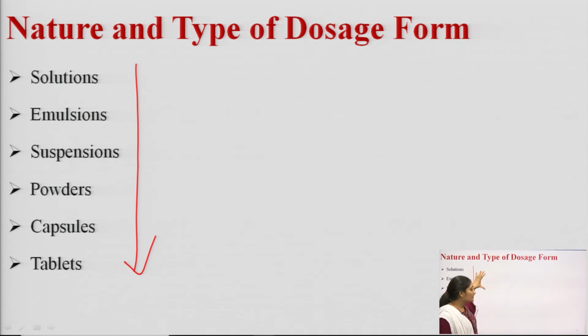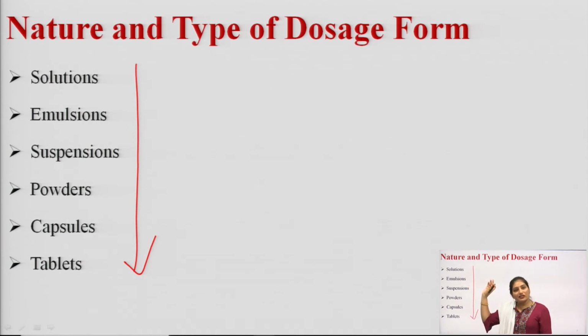Out of all these dosage forms, the tablet will take the most time to get absorbed. The solution will be absorbed instantly because in this the drug is in solution form. Emulsion will take some time and suspension will take more time as compared to the emulsion.